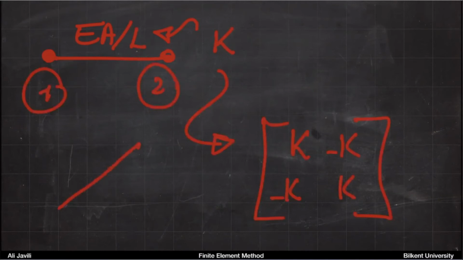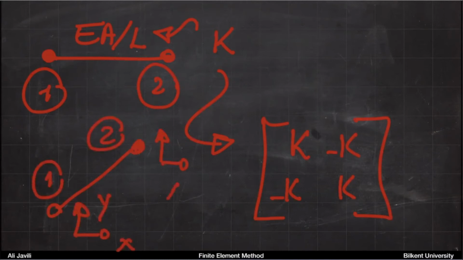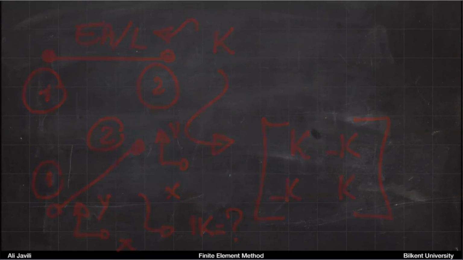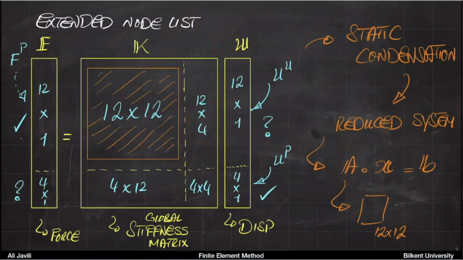Now, if that member is like that, the stiffness is going to be a 4x4 matrix, because at each node, now you have 2 degrees. The question is, what is the stiffness of that? And if we learn that, then we just write the stiffness of that member and assemble it exactly according to what we learned here, and it's done. Really, it's not a complicated problem from that point on. So that's what we want to do after a break.